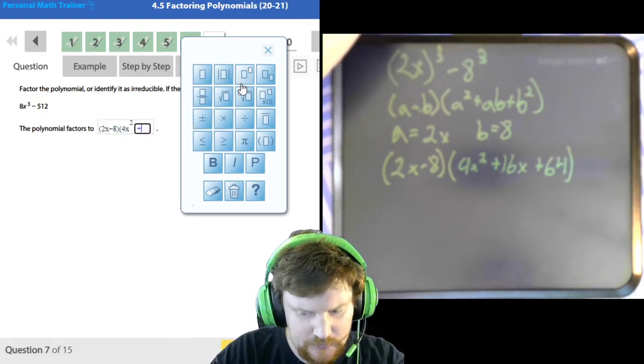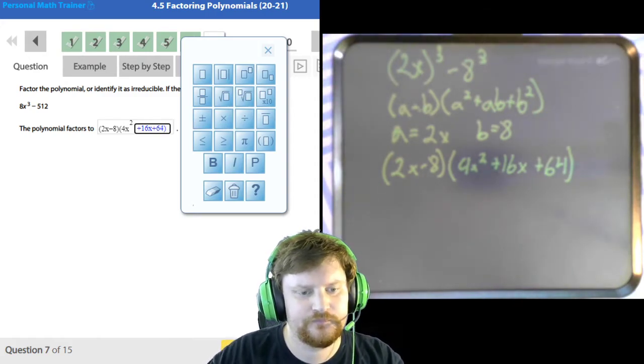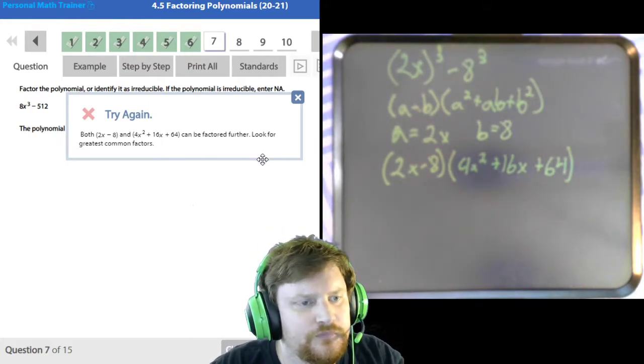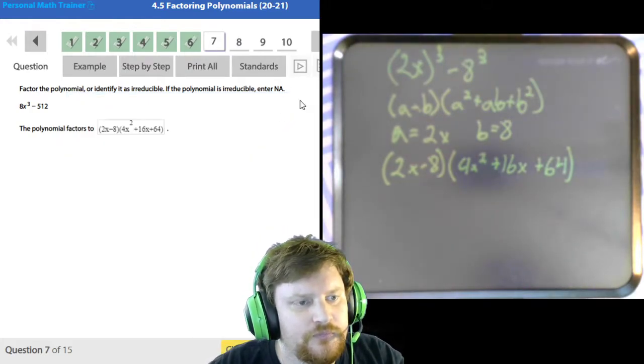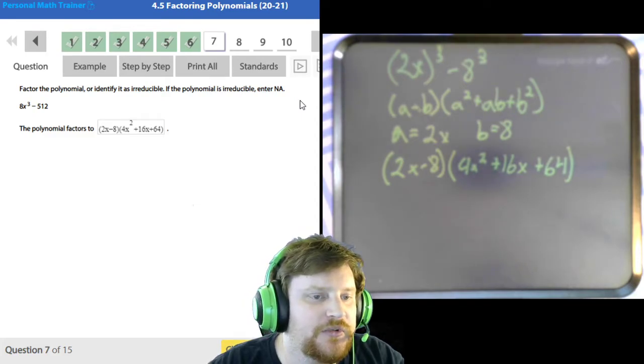Squared, 16x plus 64. Oh, yeah, I didn't pull the factors out like I should have. I should have recognized that 8 goes into both of these.